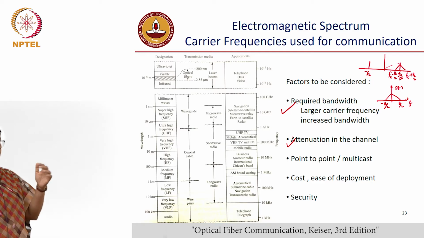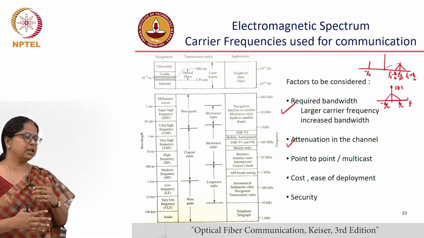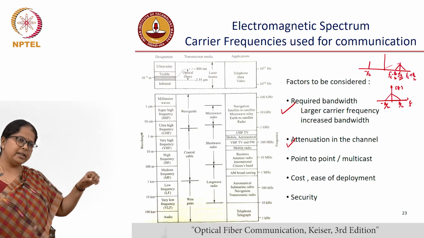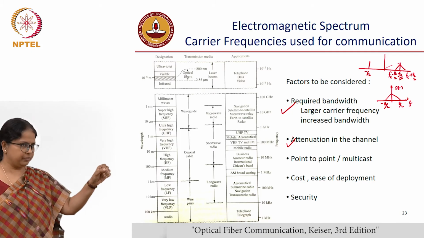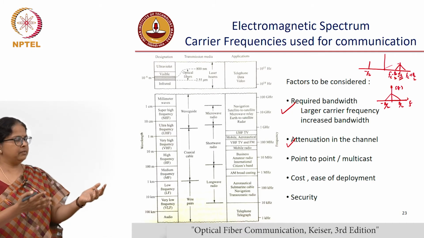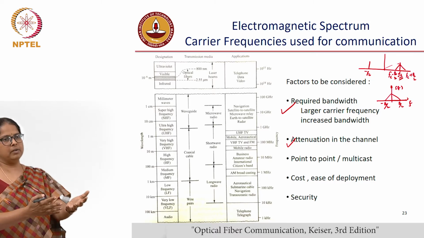So, if the channel that you want to use is free space, it is a free space communication link, you would obviously go and check the attenuation spectrum, attenuation as a function of frequency, and pick the frequency which has the lowest attenuation, so that you do not have to spend a lot of power in transporting the information.